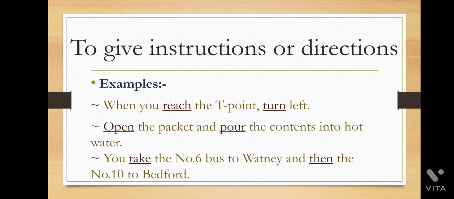Here, step by step, we are giving the direction, giving the instruction to a person who is asking for it. Like first, open the packet and pour the contents into hot water. Third example, you take the number 6 bus to Watney and then the number 10 to Bedford.